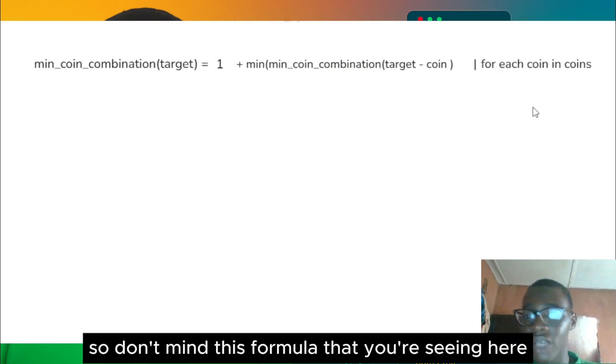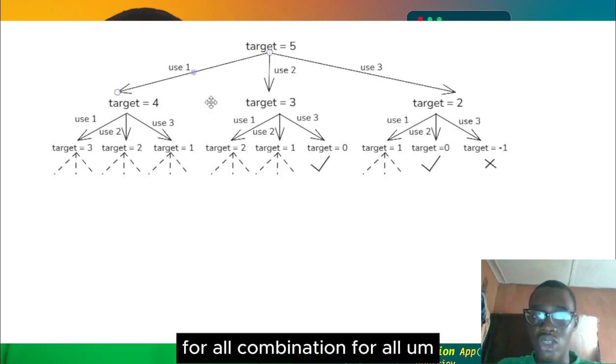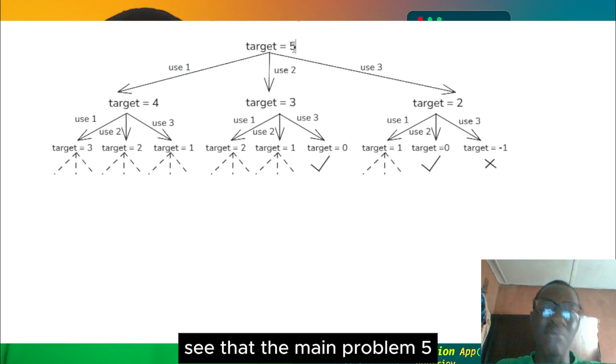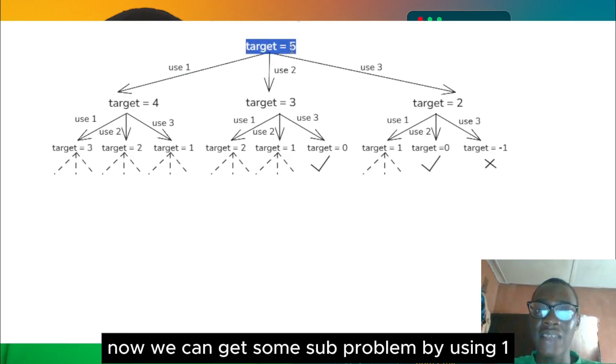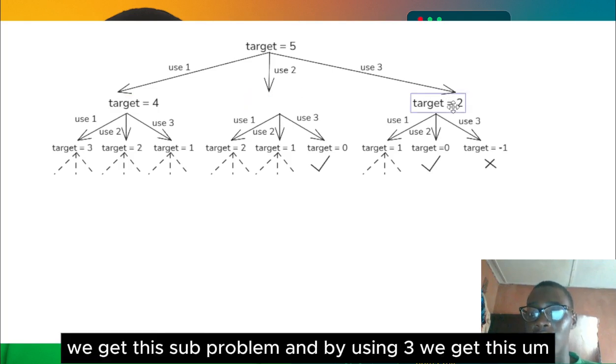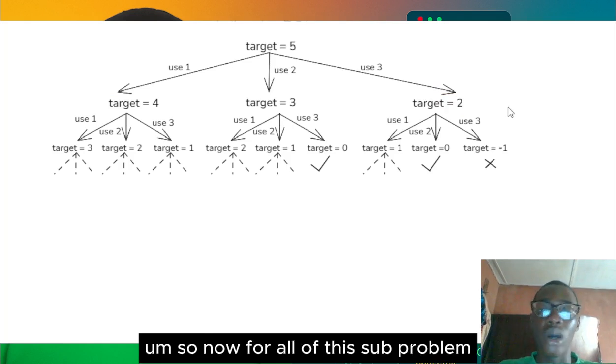So don't mind this formula that you are seeing here. All it's trying to say is that for all the subproblems that we can get from a problem, say the main problem 5, we can get some subproblems. By using 1 we get this subproblem, by using 2 we get this subproblem, and by using 3 we get this third subproblem, right?